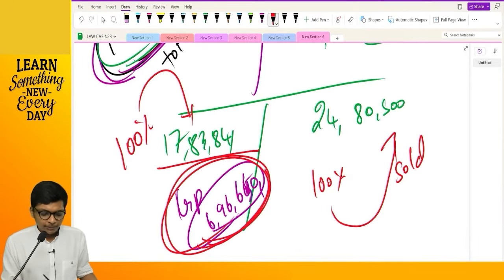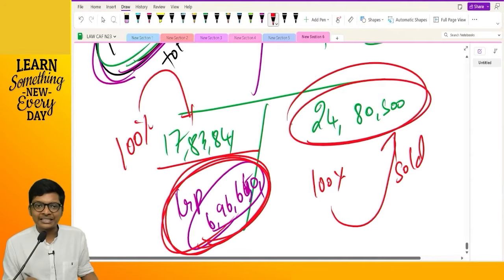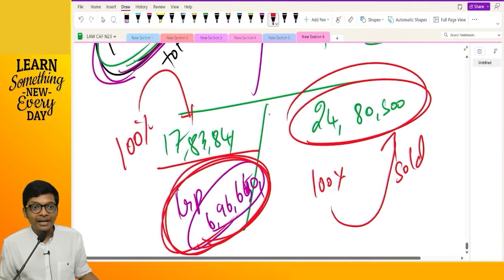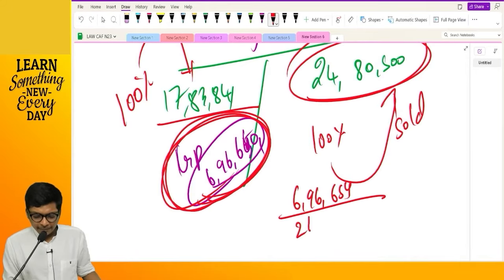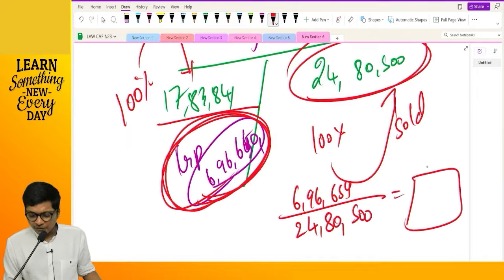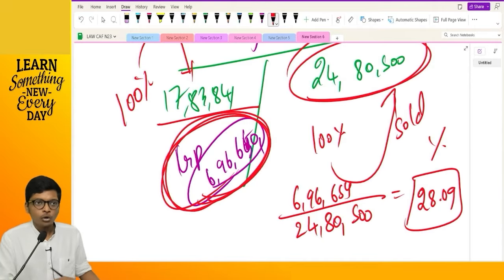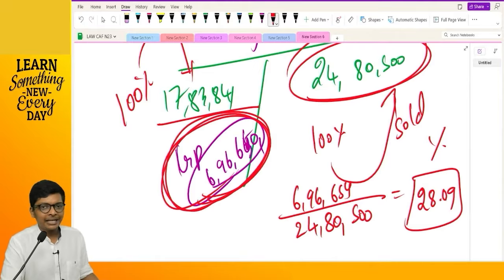So if this is the profit I am earning on so much sales, what is my profit margin? 6,96,659 divided by 24,80,500. My profit percentage will be 28.09%.